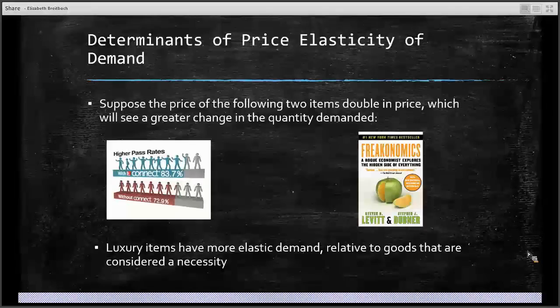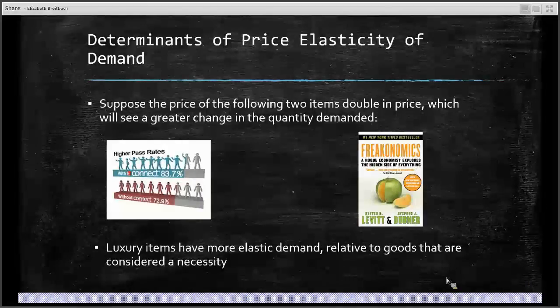However, for Freakonomics, if it doubles in price, well, that's just an optional fun book to read after the course that I recommend. And so if it doubles in price, then we have very elastic demand for that. We don't need to purchase it. It's a luxury item in this case, and it's going to have more elastic demand. So necessities are going to have more inelastic demand. Luxury items, more elastic demand.